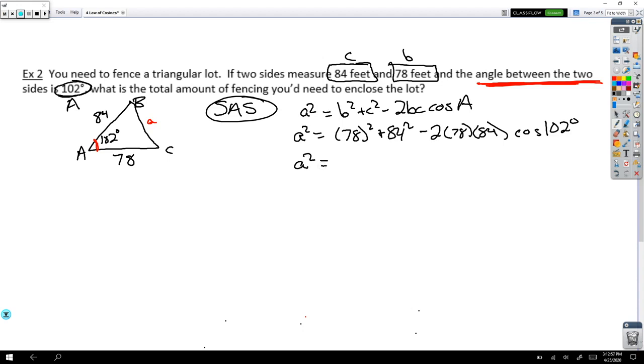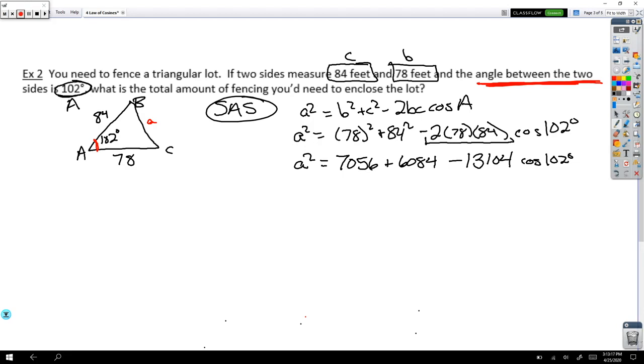So 78 squared is 7,056. 84 squared is 6,084. 2 times 78 times 84 is 13,104 times the cosine of 102 degrees.